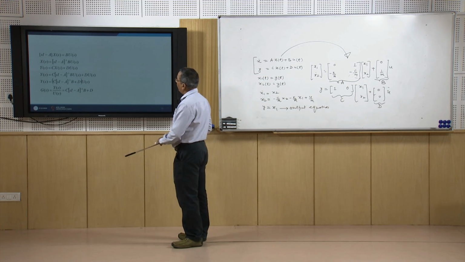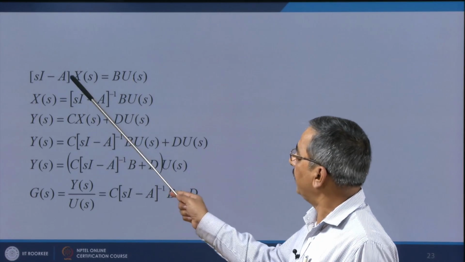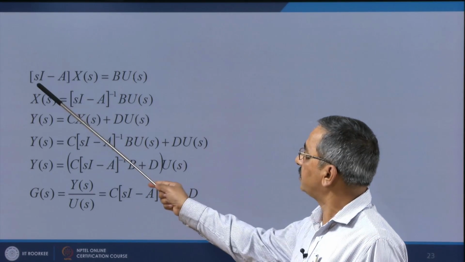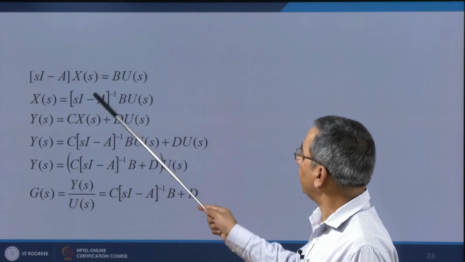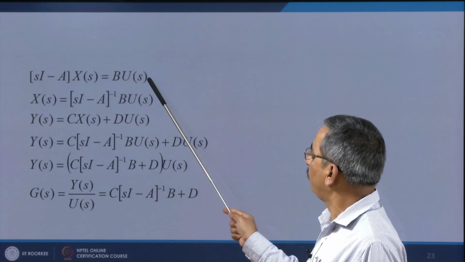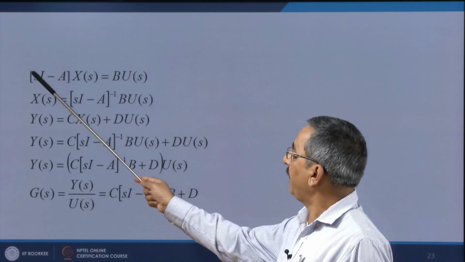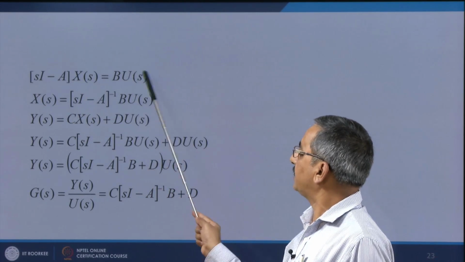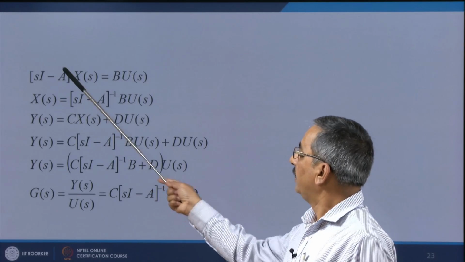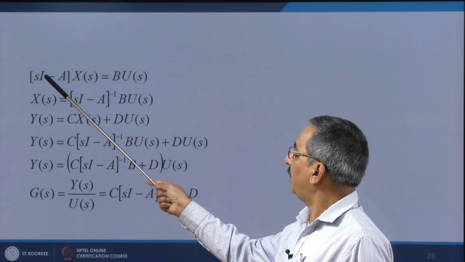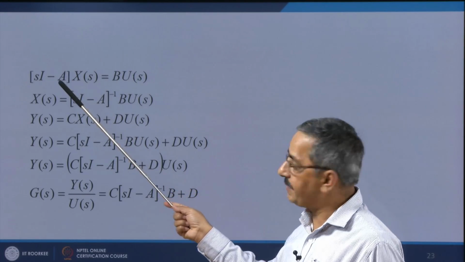Now, I can further simplify this equation. I take X(s) outside, so this is (sI minus A) X(s) equal to BU(s), where I is the identity matrix. Now, I pre-multiply both sides by the inverse of (sI minus A), so this inverse into this one gives me the identity matrix.